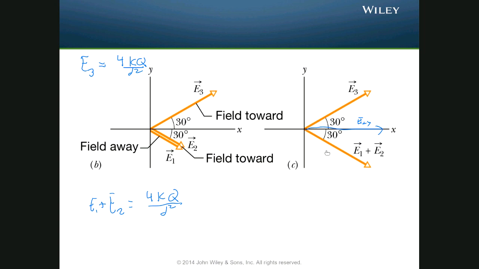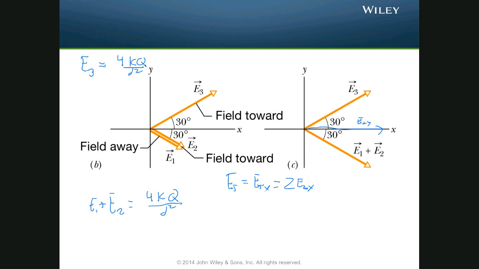So we can say that E total equals E total x equals 2 times E3 in the x direction.